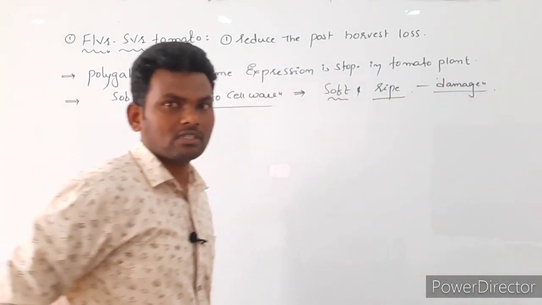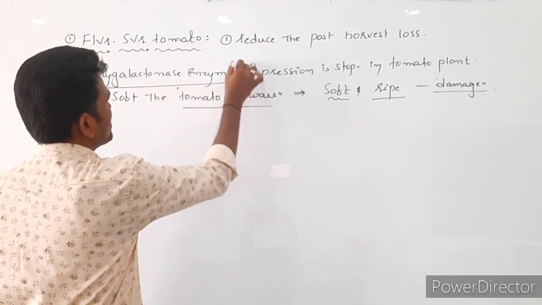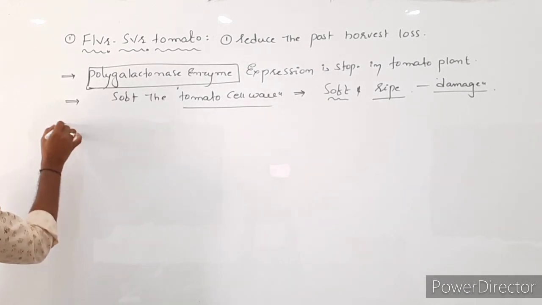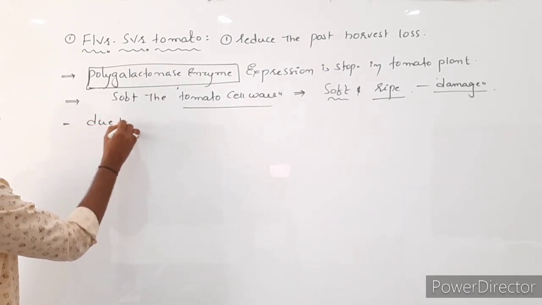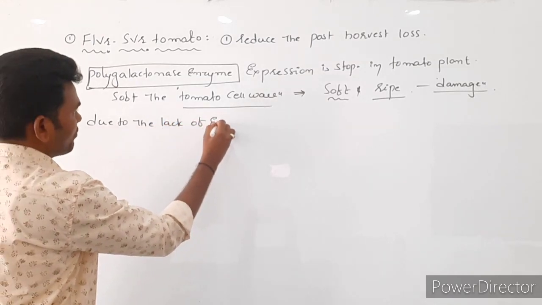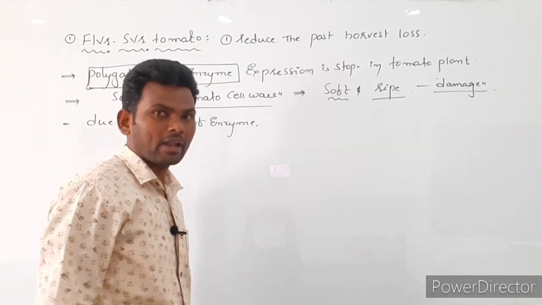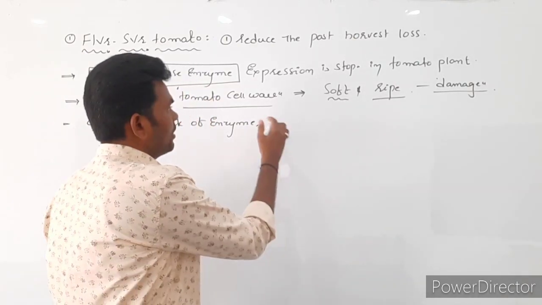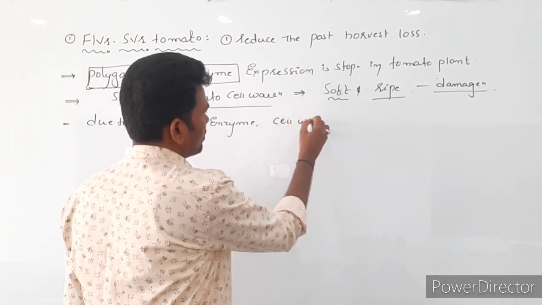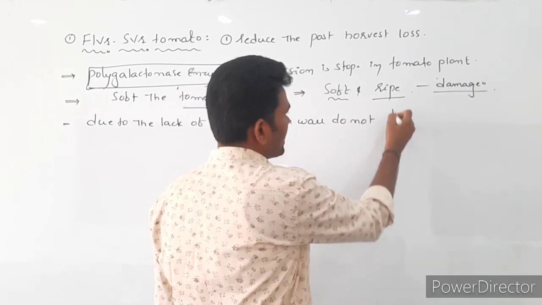Once the tomato ripens, it is easily damaged. To escape this problem, what did we do? We block this enzyme activity. Now what happened? Due to the lack of enzyme expression, the tomato fruit cell wall is not degraded.